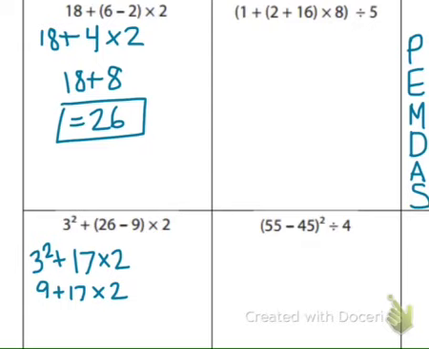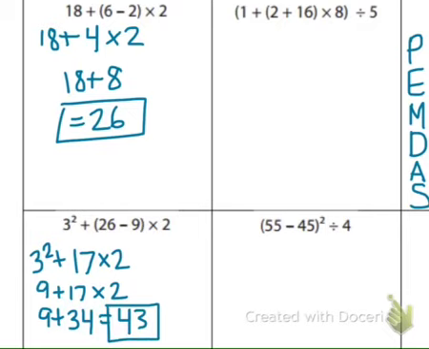Next thing, we have multiplication, so we'll take care of that. We'll take the 9 plus down, and 17 times 2 is 34. And then our last step, we just have to add: 9 plus 34 is 43. And that's our answer for that one.